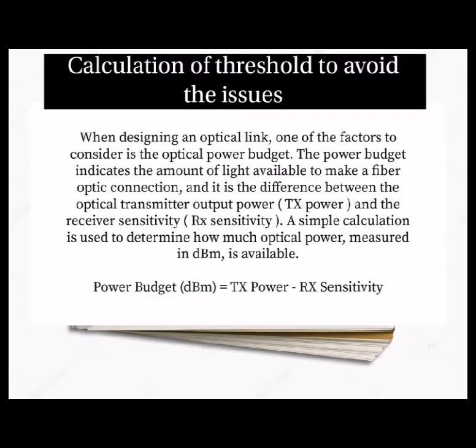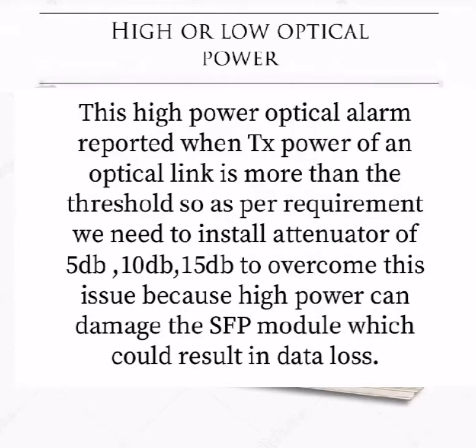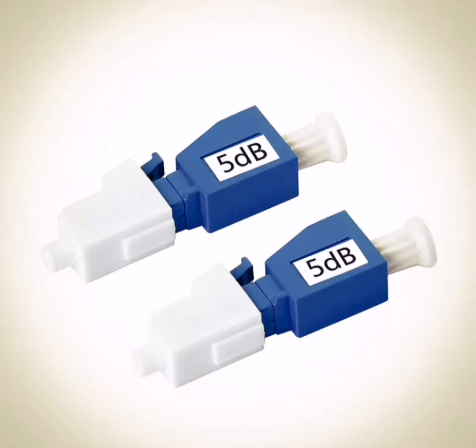And the next one is high or low optical power. Sometimes your link is getting high power, so in order to avoid this issue, we need to add some attenuators. These are the attenuators of 5 decibel, but sometimes we need to add 10 decibel or 15 decibel to overcome the power level issues.